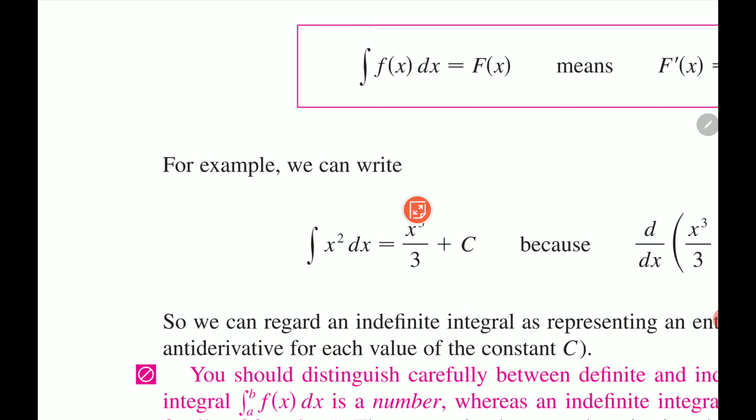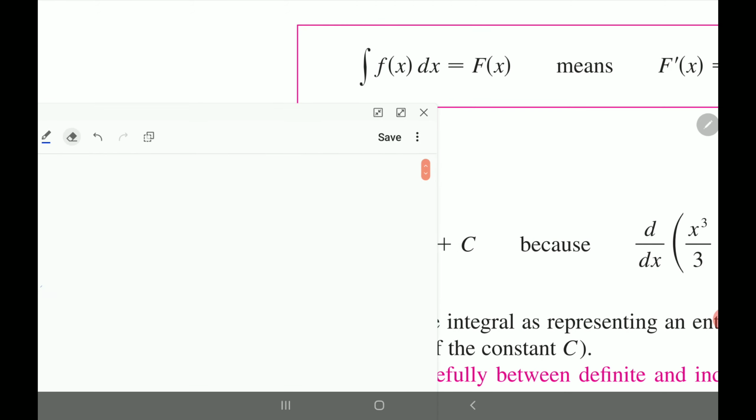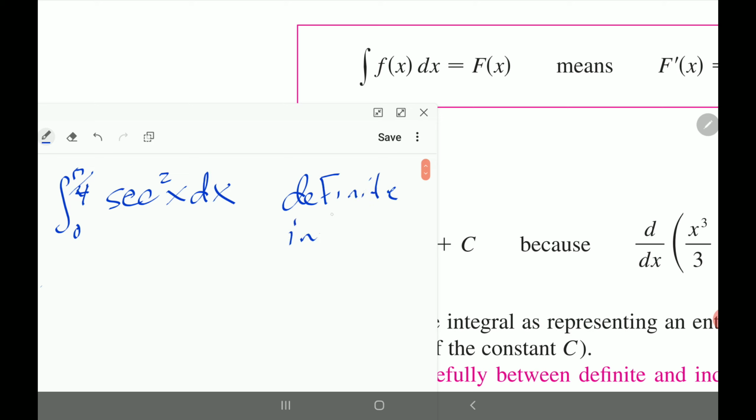So, for example, let me make this a little bigger. Last question was the integral from 0 to pi over 4 of secant squared x dx. It was t, but I don't care. This is a definite integral because there's numbers here.